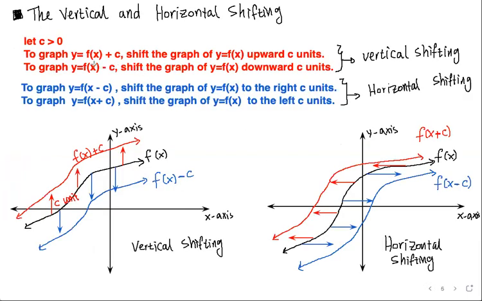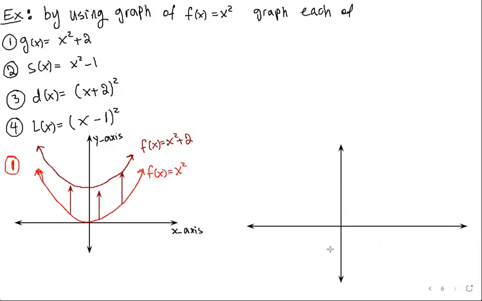Here, the graph of f of x minus c is shifting the graph of y equal f of x downward c units. This means I have to shift the original function downward 1 unit.